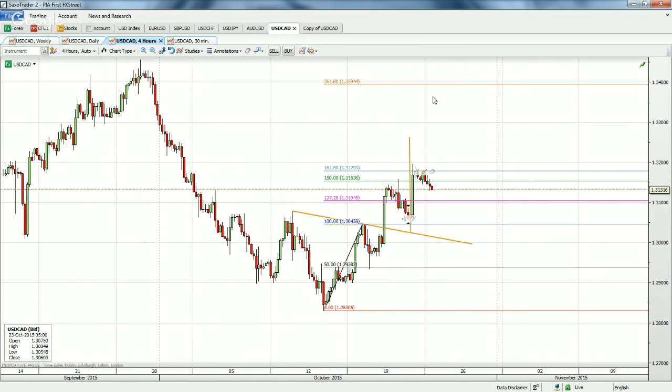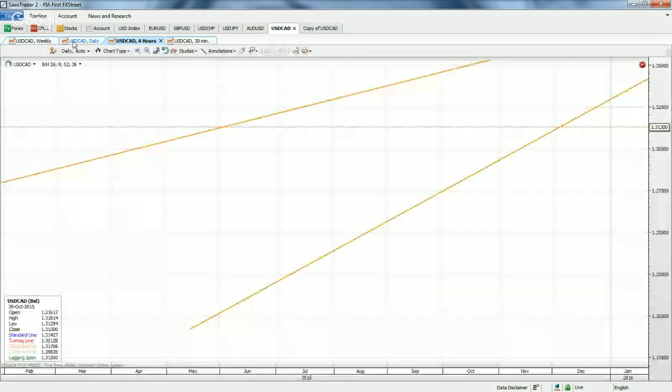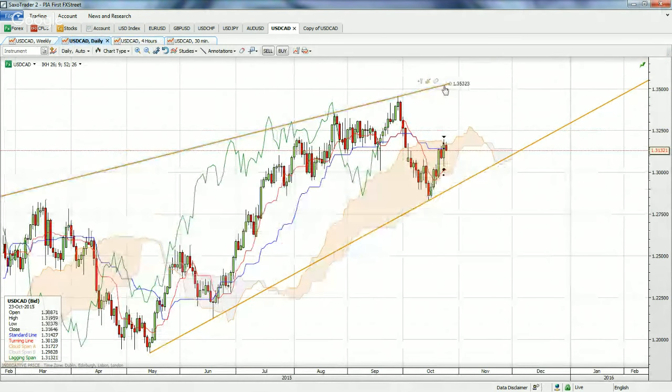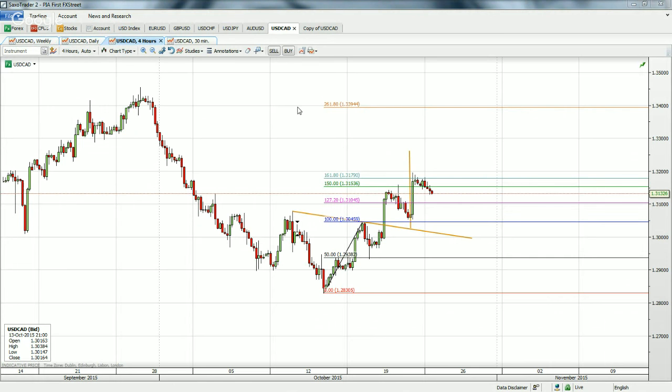First target area is going to be here, 132.60, and then potentially a move to the upside. Now, we again go back to this channel top, we could see 135 or beyond. You've got to remember that commodity pairs can quite easily break through the 261.8% extension level.